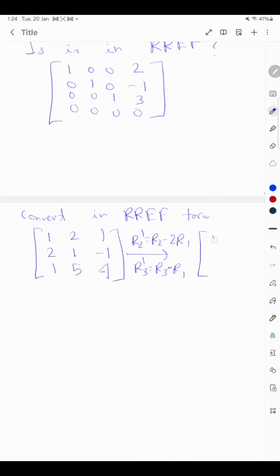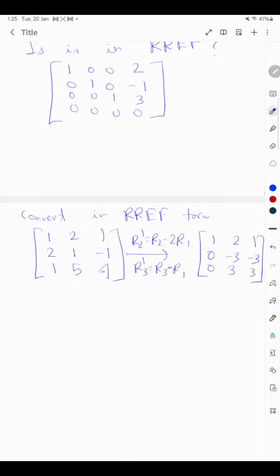So what you will get, no change in your first row. So 2 1 minus 1, so basically this will be 0 minus 3 minus 3, and this is also 0, 3 3.